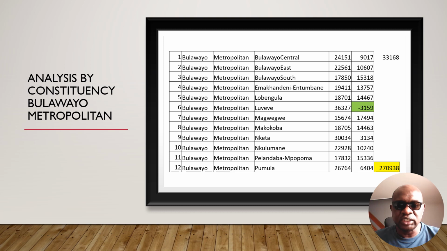If I coded it green, it means it's not much of a problem, because you can't create a constituency from 3,000 people. But if it's orange, it needs attention because it will have maybe more than 15,000 people.